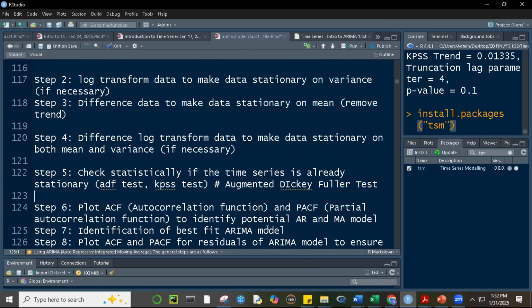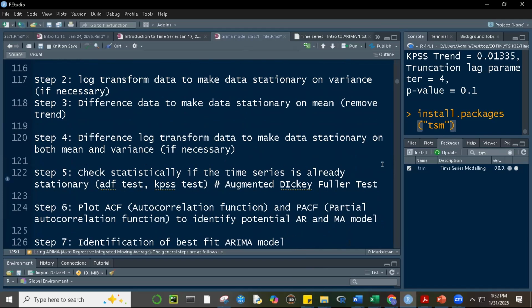And then the next one is, okay, we will not discuss this yet, plot the ACF, autocorrelation, and the partial autocorrelation function. What's the purpose of this? Once we have stationarized the data, then we will have to determine, is this an AR process, an MA process, or an ARMA process? How do you do that?